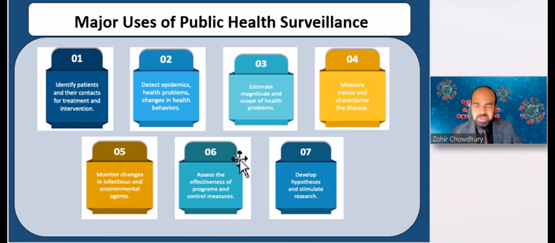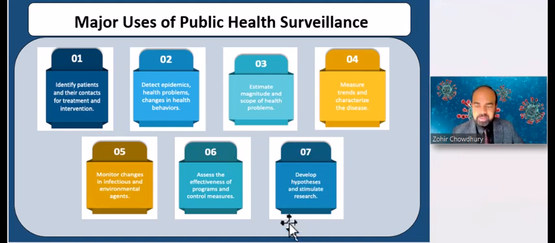On this box here, labeled as number 6, we are seeing that surveillance can assess the effectiveness of programs and control measures, and continuing surveillance after an intervention can be used to evaluate prevention and control measures as well.